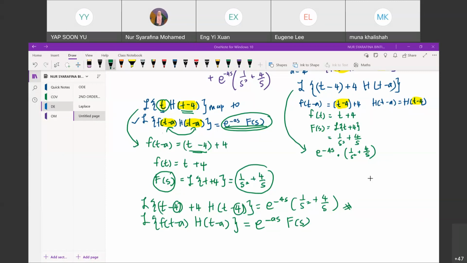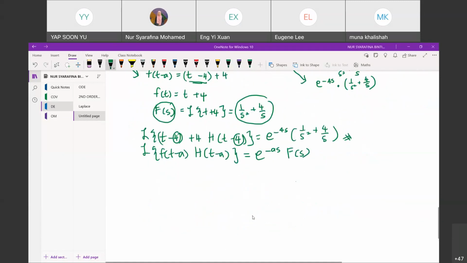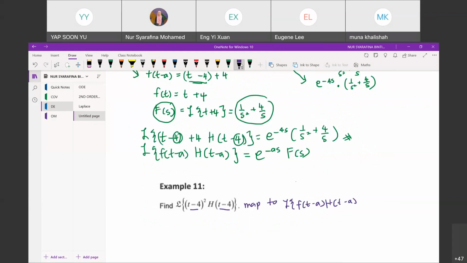Okay, let's try another example. Let's take a look at this example. In this example, as you can see, it is already written in terms of t minus a and t minus a. So this is mapped to f(t minus a) h(t minus a), right?